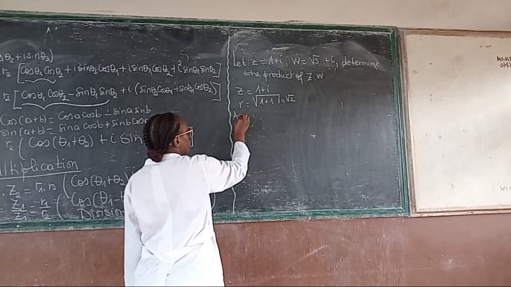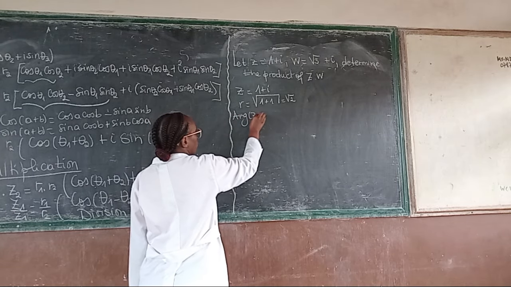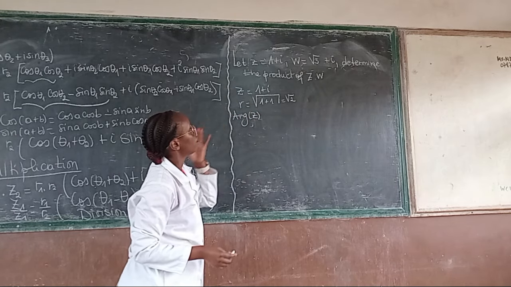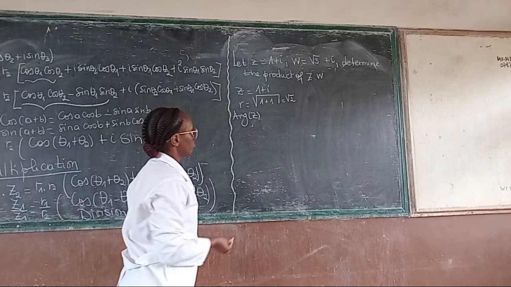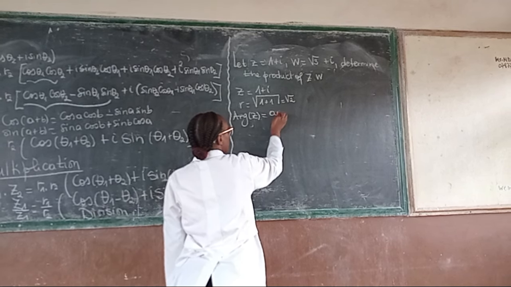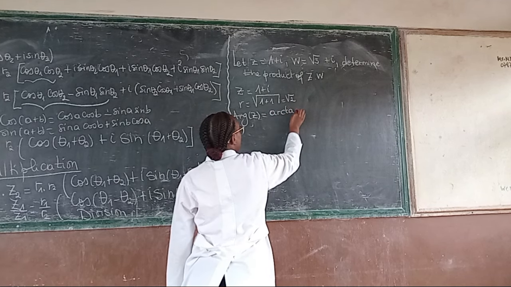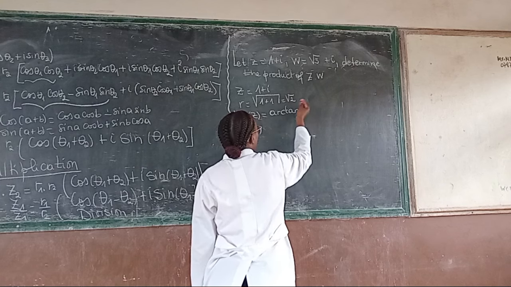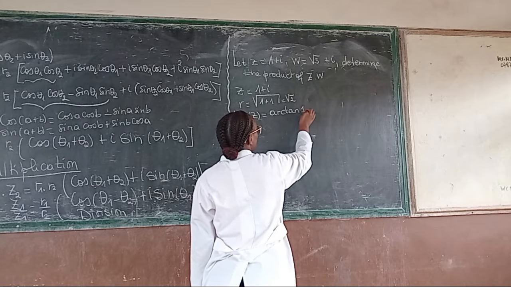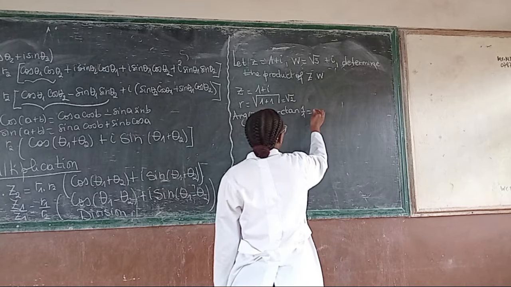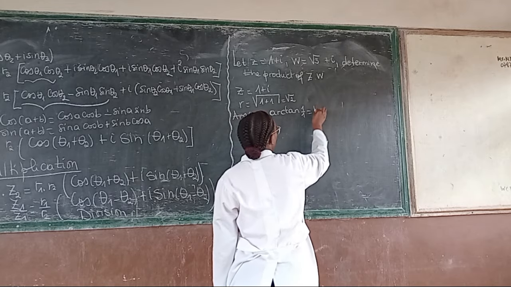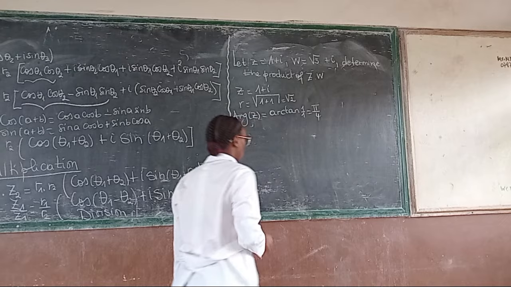So the argument of z, when we see this complex number, you see that it is located in the first quadrant. So our argument will be equal to arctan of y over x, where y is 1 and x is 1. So arctan of 1 is equal to pi over 4.